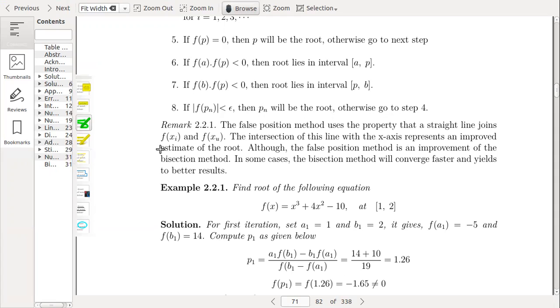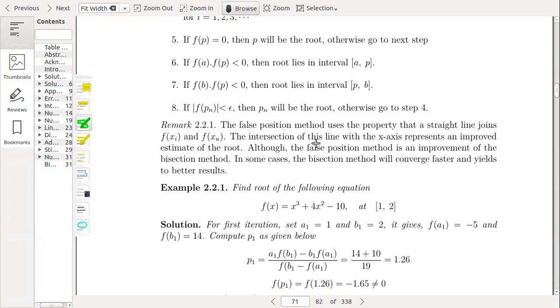So here is the remark: the false position method uses the property that a straight line joins two values f of xl and f of xu. So we can say that this is the lower value and this is the upper value. For example, if you have chosen two values in the interval, xl, a lower value, and xu, an upper value, the false position method uses the property that a straight line joins these two values.